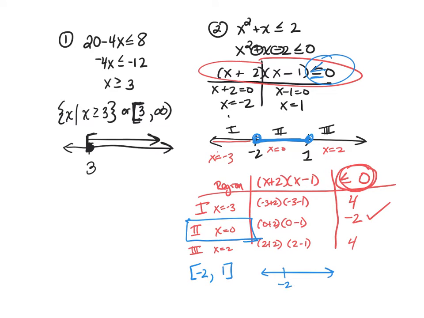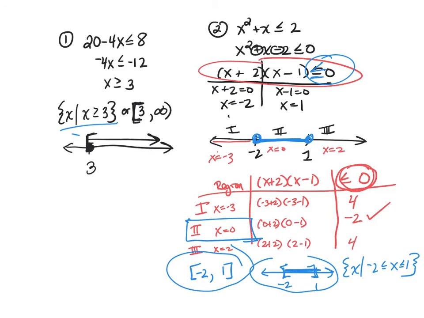It would be negative 2, 1, but with the harder brackets. And if you had to write it in set builder notation, it would be for all x such that negative 2 is less than or equal to x, which is less than or equal to 1. When I look at it, MyLab wants you to write it in interval notation and then to show the picture.